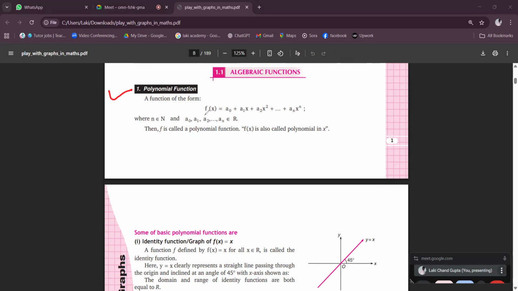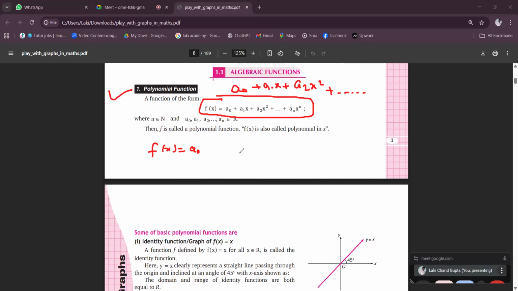What is a polynomial? Whenever any function of the form a0 plus a1x plus a2x square, this is a polynomial, right? So if a function has only constant, let's suppose only a0 is there, then graph will look like this.